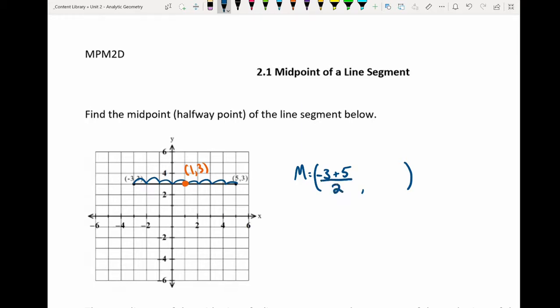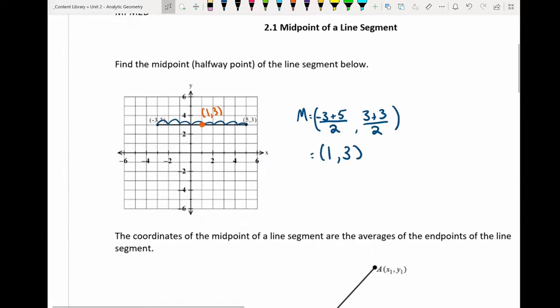And then I'm going to divide it by 2 to find the halfway point between them. Vertically, even though it's the same value, I can still do the same thing. My 2 endpoints, and then divide by 2. And I'm left with 2 over 2, which is 1, and 6 over 2, which is 3. And there I have my midpoint.